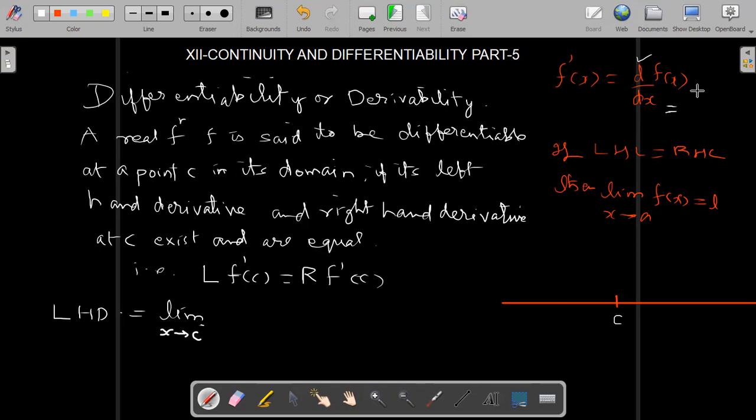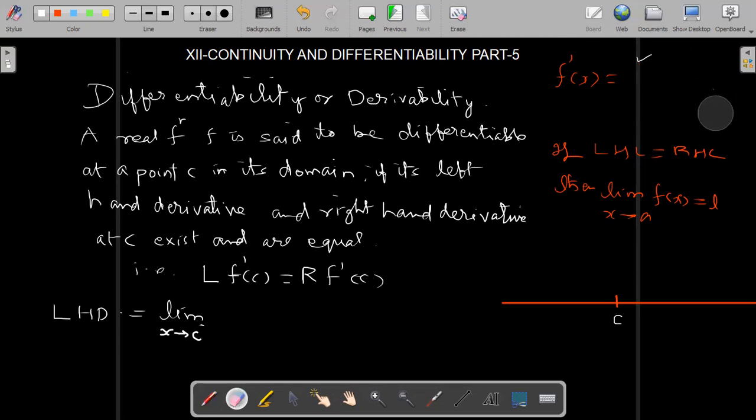Its general value is limit h tending to 0 of f(x plus h), a small increment, minus f(x), divided by h. I will write it clearly here.